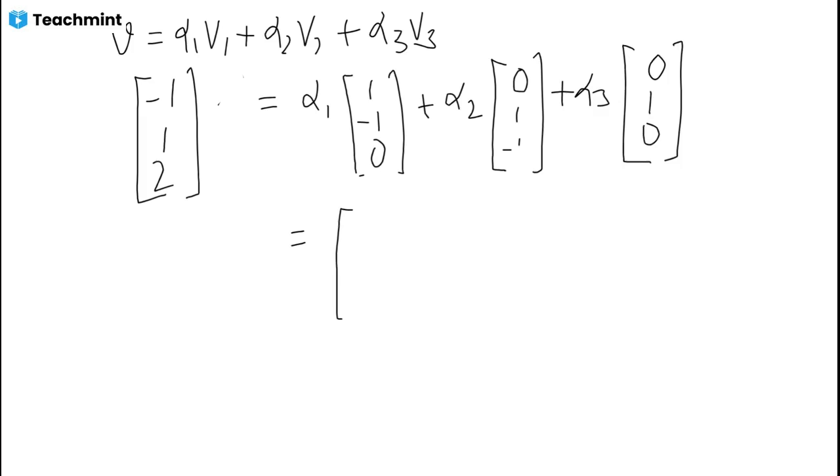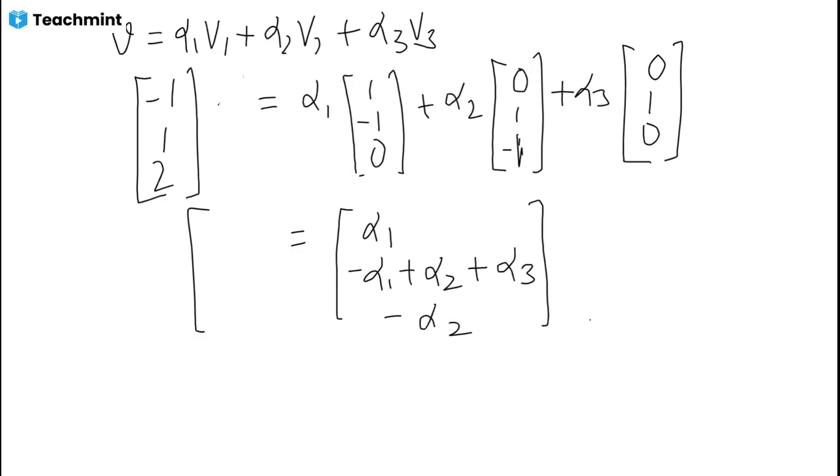So we can form here alpha 1 only, then minus alpha 1 plus alpha 2 plus alpha 3, and minus alpha 2 here. Just compare and find the values of these scalars. So alpha 1 is equal to minus 1, and alpha 2 is minus 2 because we have minus alpha 2.